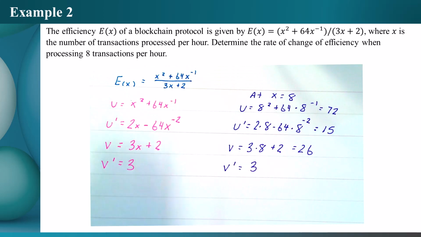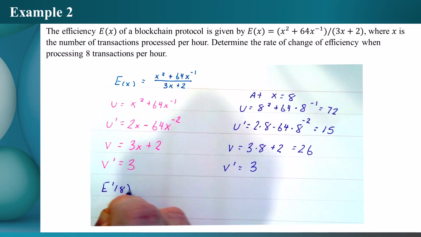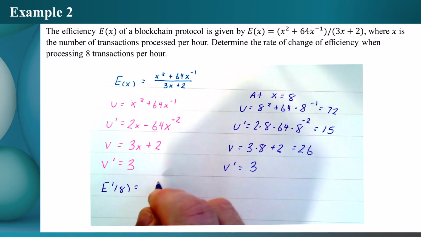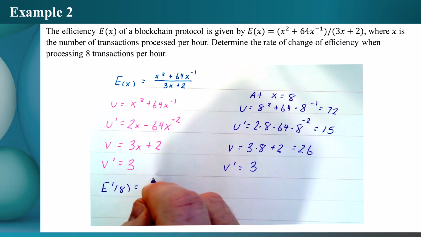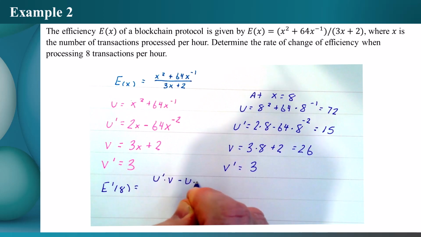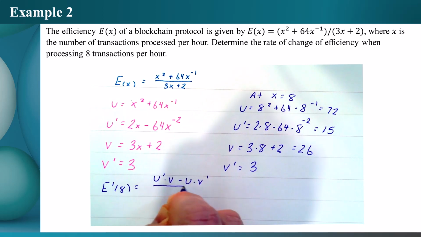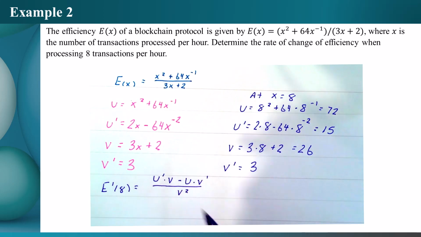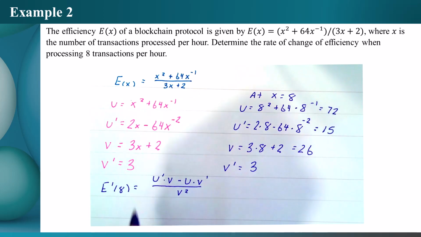Well, now I'm trying to find e prime of 8. So let's see, e prime of 8. This would be given by the quotient rule. U prime times v minus u times v prime over v squared. I'm just going to go ahead and plug those in. So u prime is 15.